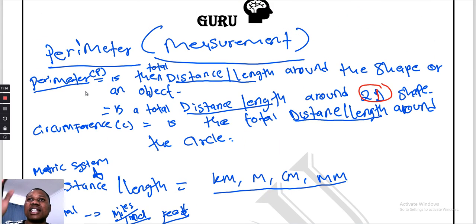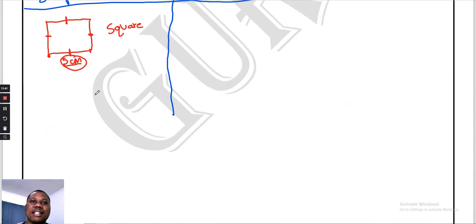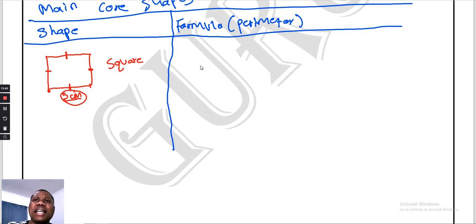Okay, now when we talk about the perimeter, look at our definition. It says it is the total distance around the shape. Meaning in our square, if we want the total distance around this shape, we can say perimeter equals side multiplied by 4. I'll give a reason why: here we have how many sides? We have 4 sides, and they are equal.